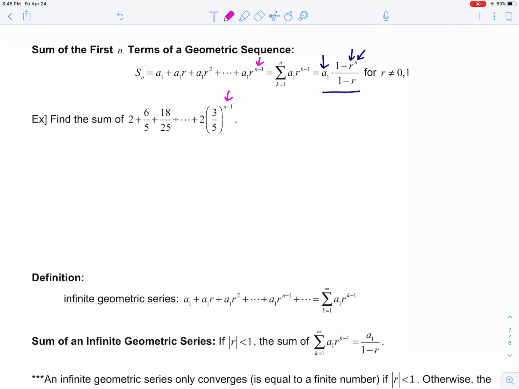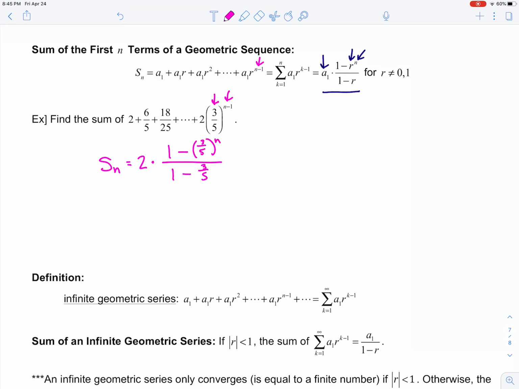So the sum of the first n terms will be the first term, which is 2, times 1 minus, okay, r is given right here, 3/5. So 3/5 to the n power over 1 minus r, 3/5.